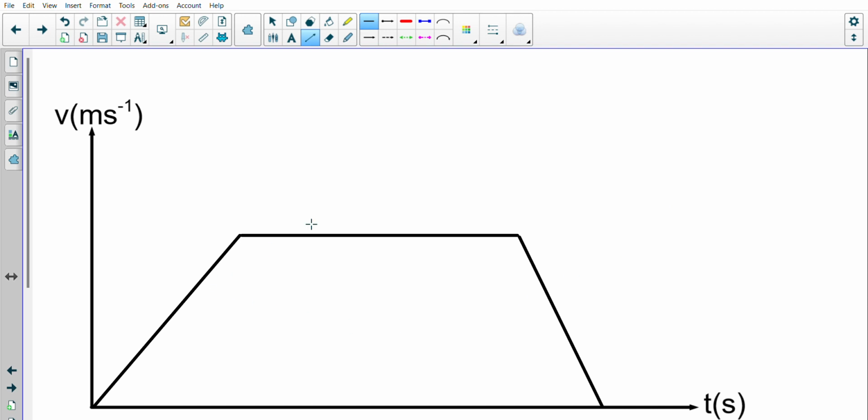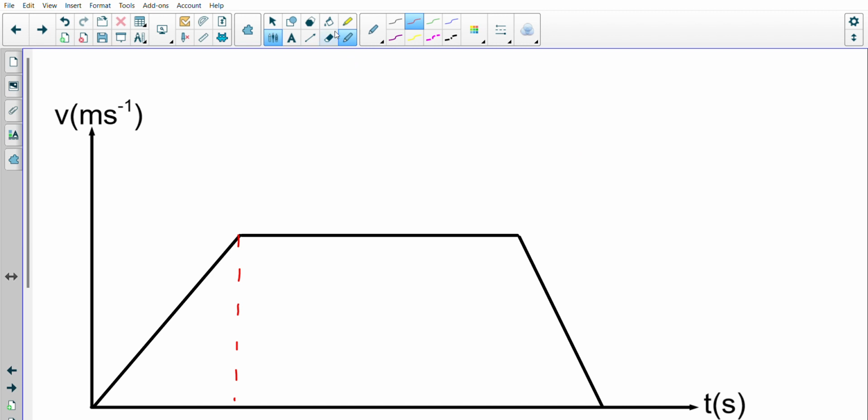A couple of other things that we've seen before: in order to find the acceleration at these parts of the graph, we would find the gradient of the graph at that particular point. So I could find the gradient of this line, the change in velocity with respect to time, and I could do the same for the other parts. That's why I'm getting no acceleration here, because the gradient of a horizontal line is 0.